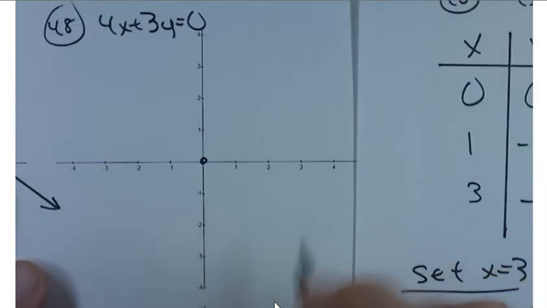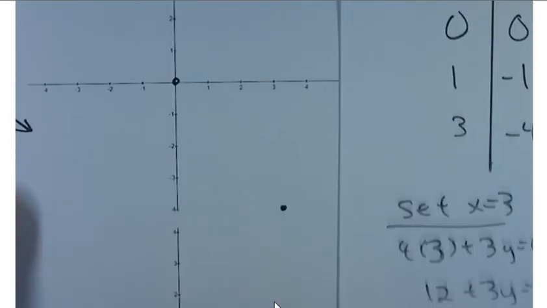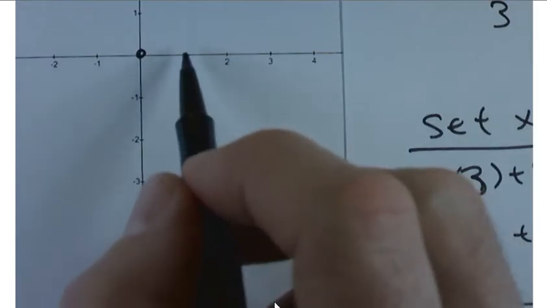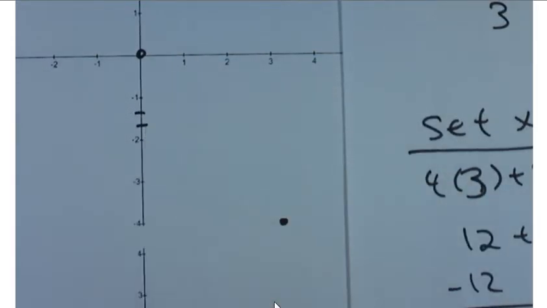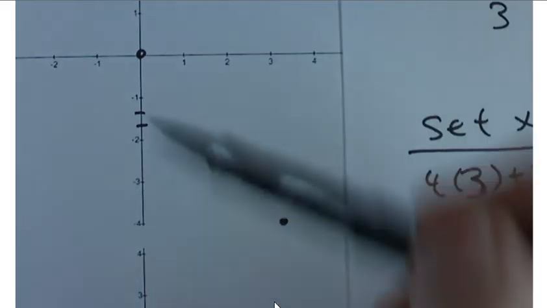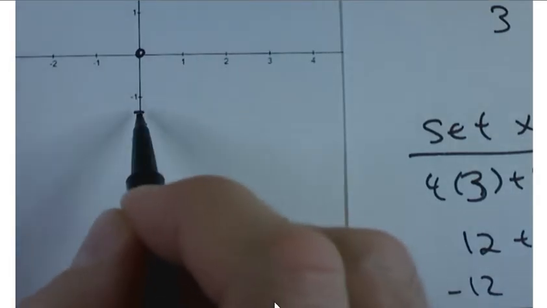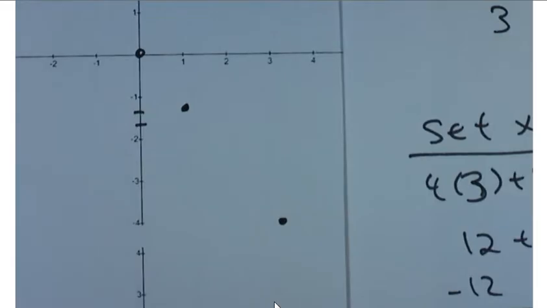Barely on our graph, but we're still there. Let's zoom in a little bit more. The last point is 1 and negative 1 1/3. So negative 1 1/3 is between negative 1 and negative 2, and I divide it up into threes as best I can. About here.